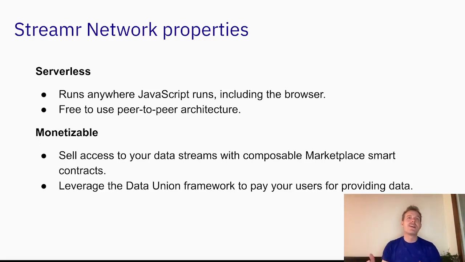However, to incentivize a fast and seriously robust network, we employ bounty contract tokenomics that act as a sort of summoning spell for node operators that provide their reliable bandwidth. And you can sell access to your data streams on Streamr, since of course in Web3, the data you generate is yours.